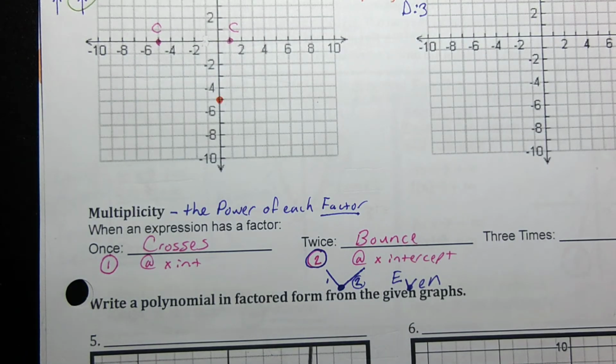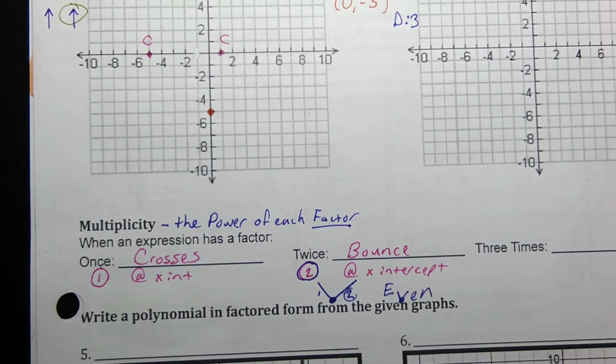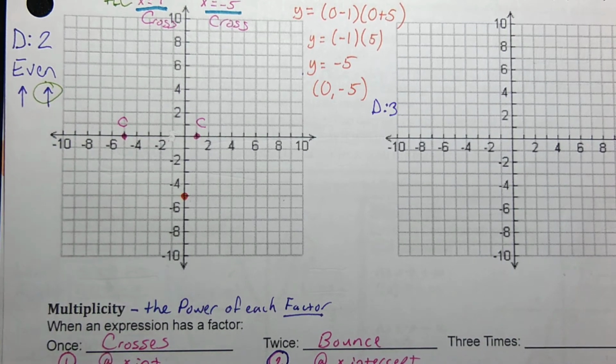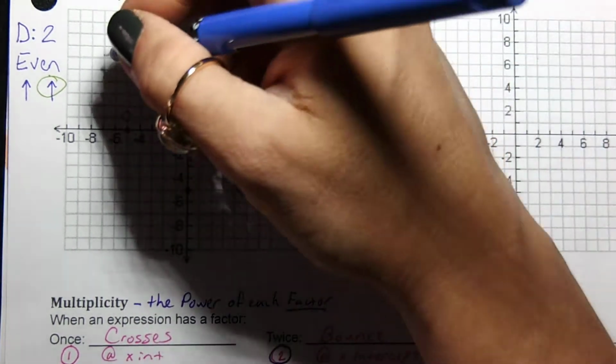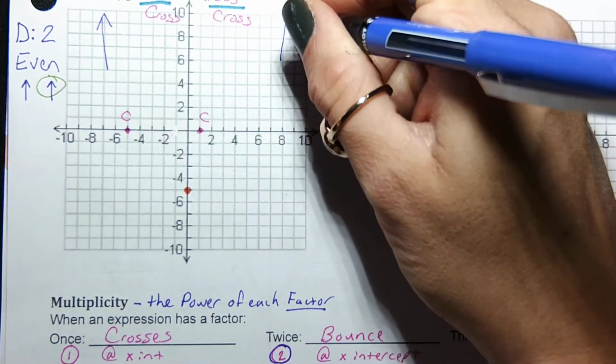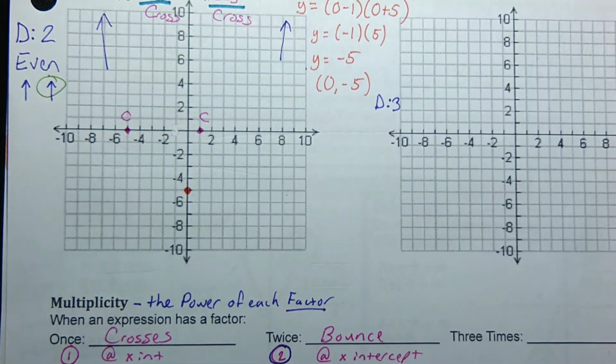So now we can get a pretty decent sketch based on these key features. So we know that the end behavior is going to be going up and up. So I'm just going to draw an arrow over here and an arrow over there, showing my end behavior.